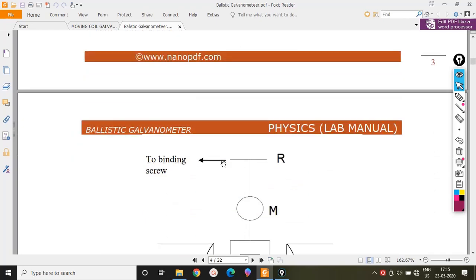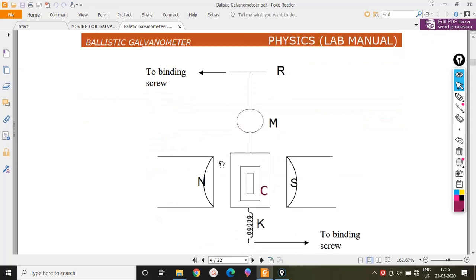So in this case it will be different from your Weston type galvanometer. What are the differences? Let me explain very briefly. In this case you will have one coil, and there will be another material in cylindrical form.